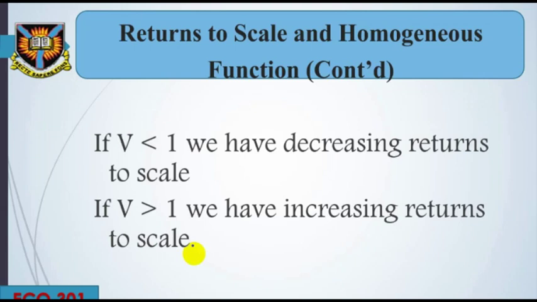But if Q = 2x^0.2 + 3y^0.2, then Q = 2(vx)^0.2 + 3(vy)^0.2.